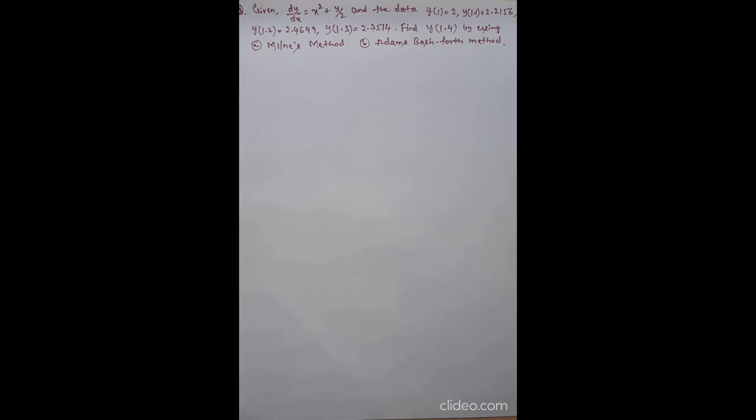If you are using Milne's method, you will use Milne's predictor corrector formula, and if you are using Adams-Bashforth method, you will use the predictor corrector formula of Adams-Bashforth method. So only the formulas are different, but the procedure is common. So the first step is construction of a table, which is common for both the methods. Let us do that first.